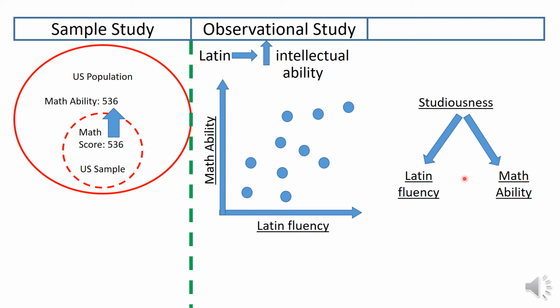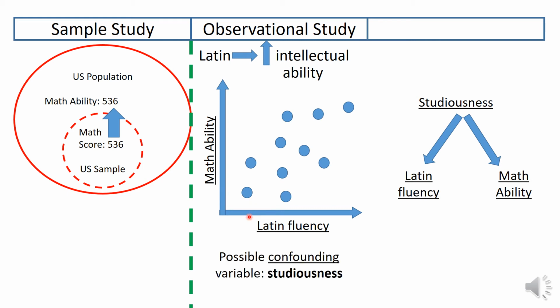So perhaps the studying of Latin has nothing to do with the high achieving math students also being good at Latin. It's just that those students tend to study all of their subjects really well, whereas your students who are at the low end on both might be your more distracted students or your students that don't really like school, so they tend to perform poorly on both math ability and their Latin fluency.